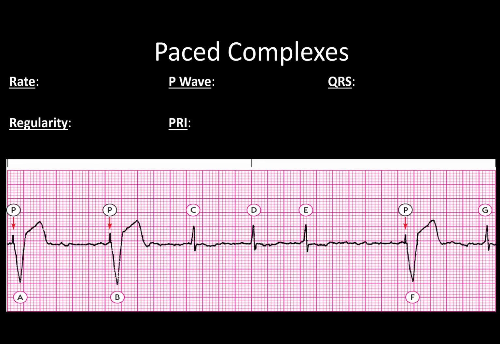Let's take a look at a paced rhythm and hopefully make some sense out of what we've been talking about so far. Our rate, and we're going to do this just the way we always have, and of course it is a 6-second strip, 5, 6, 7. We have a rate of essentially 70.